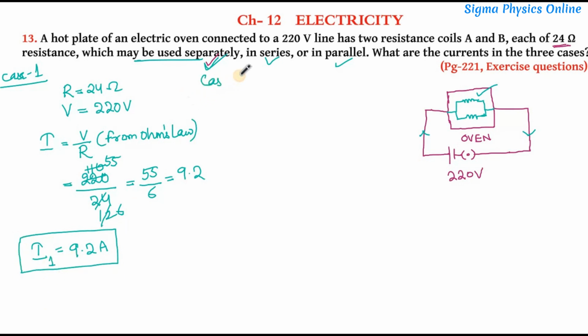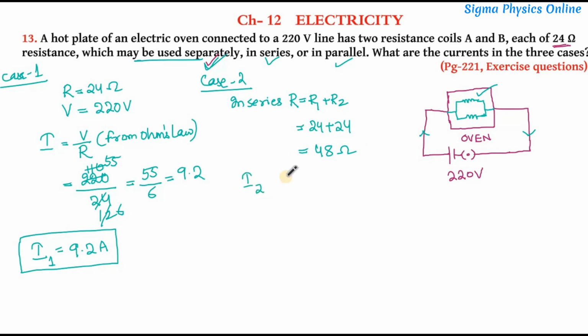Now in case number 2, when both of them are connected in series. So in series, the total resistance R is given by R1 plus R2, that is 24 plus 24, because we are connecting both the resistors in series. So it is 48 ohm. Now let's find out the current in the series.